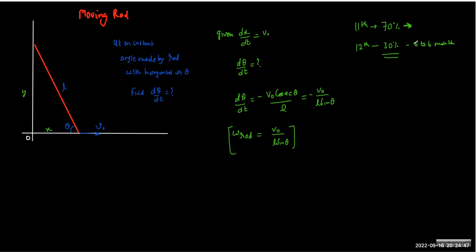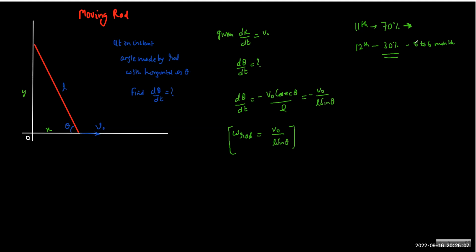What can we write? dx by dt equals L times minus sine theta into d theta by dt. So you got it, no? You were looking for d theta by dt, and you got the answer.